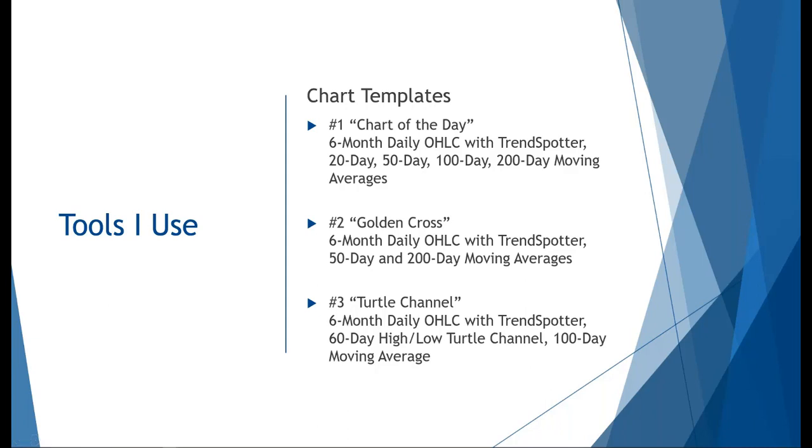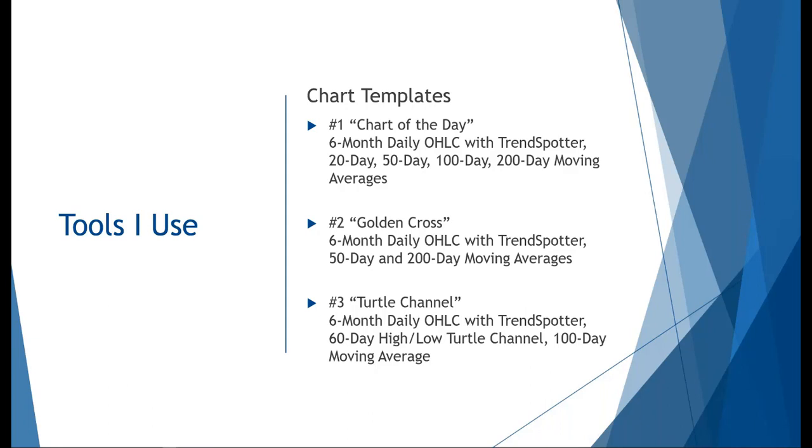The second one is a golden cross. Now, the golden cross is a long-term trend indicator that a lot of long-term traders like to use. We're looking not only at the current price and the trend spotter, but at how the 50 and 200-day moving averages cross each other.